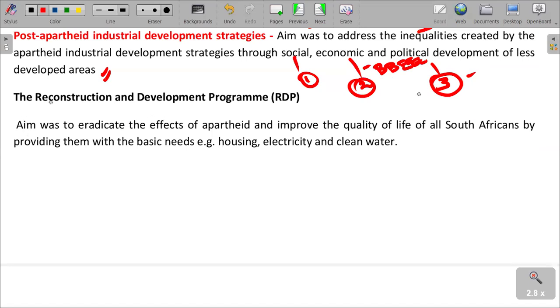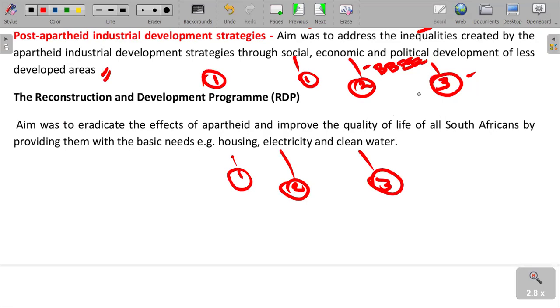Let's look into one of the post-apartheid industrial development strategies, the Reconstruction and Development Program. The aim was to eradicate the effects of apartheid and improve the quality of life of all South Africans by providing people with basic needs. We talked about this: housing, electricity, clean water, health services.